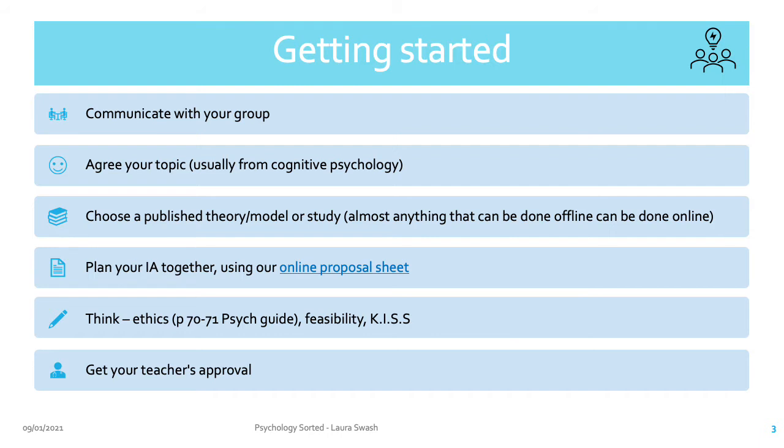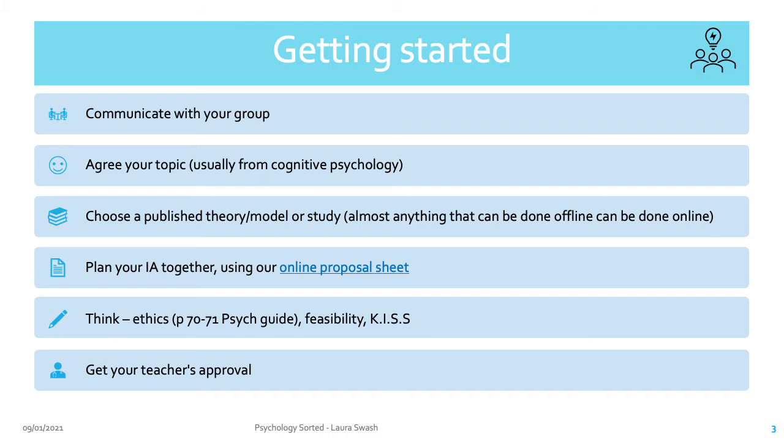First of all, get in communication with your group through social media. Agree your topic, make sure it's something you all want to do. Get hold, of course, of an original copy of the theory, model or study that you're going to be having a look at. Make sure you understand it and how you can do it. And then start planning your IA together.